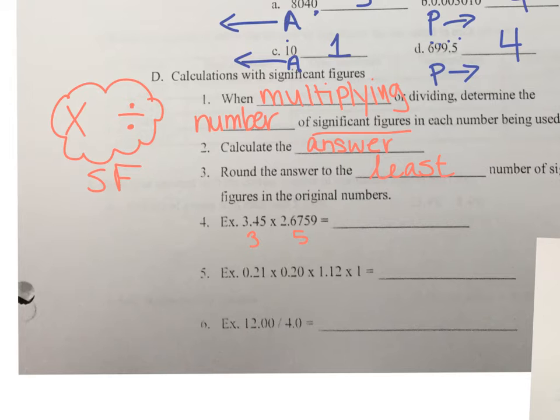Our smaller number is what? 3. So I'm going to write myself a reminder before I even type it into my calculator so I know not to screw up my answer. I'm going to say 3 sig figs. Now I'm going to type it into my calculator, which you guys should do right now. Get to practicing. And I'll give you the rest of the answer. But you guys type in the first one at least.